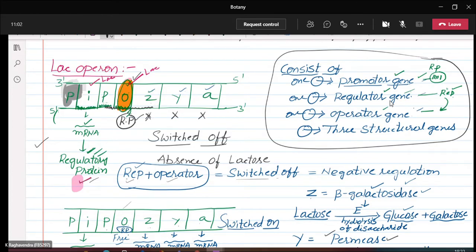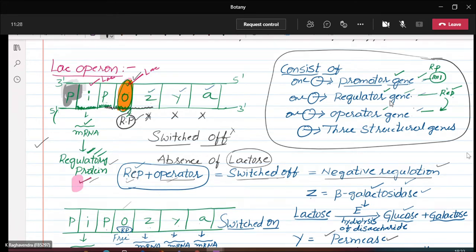So this operon is switched off. It is switched off in the absence of lactose. So the operon is switched off when the repressor protein or regulatory protein binds with the operator. This kind of regulation is called negative regulation. When it is doing negative regulation, the regulatory protein is called repressor protein.